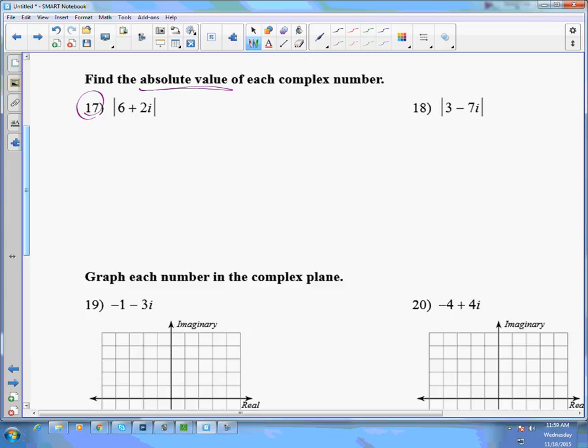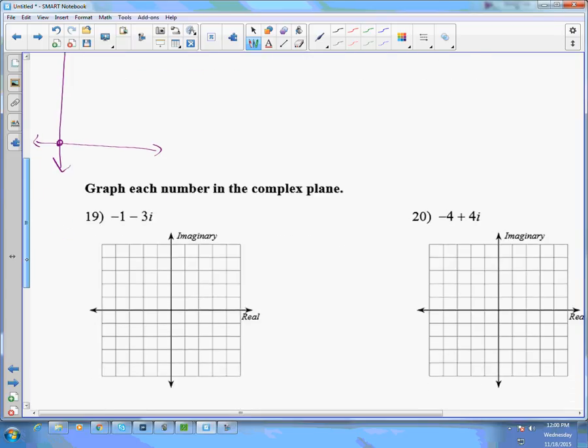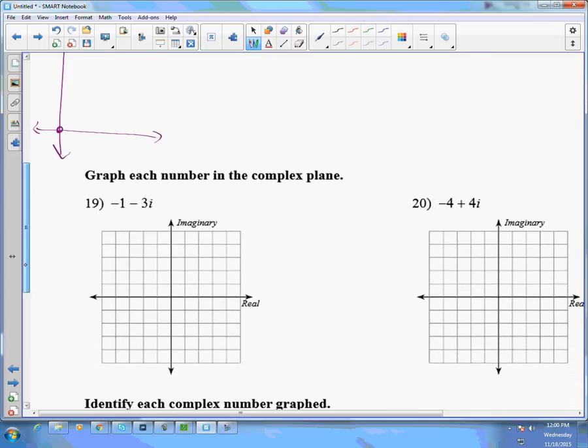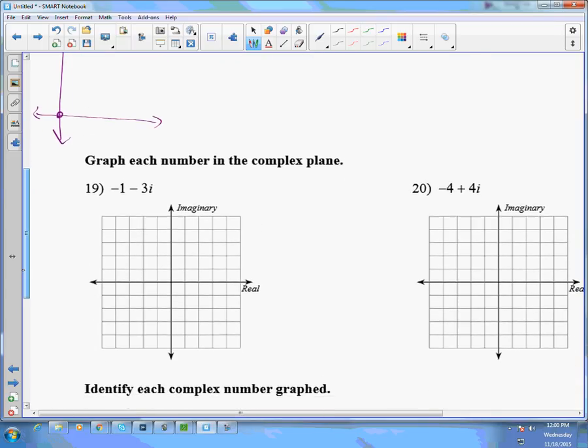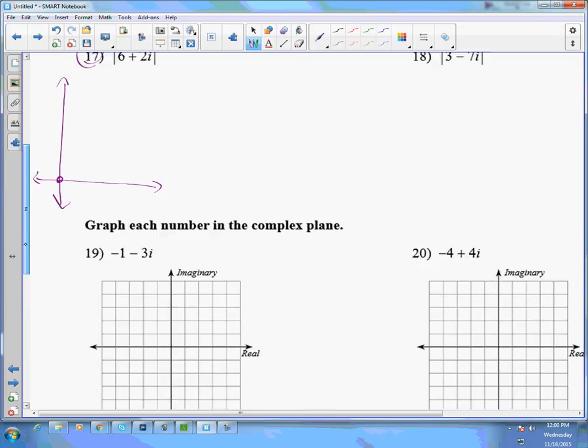In this case, this is a two-dimensional graph. Our absolute value is distance from the origin, which is where 0 is. If you look at the graph below, what's the x-axis? Real. What's the y-axis? Imaginary.